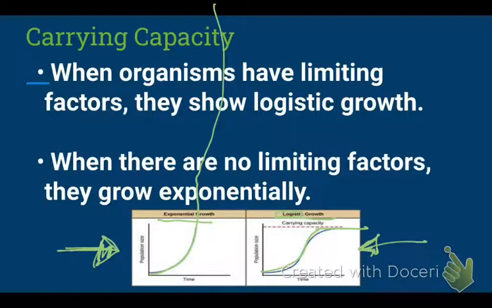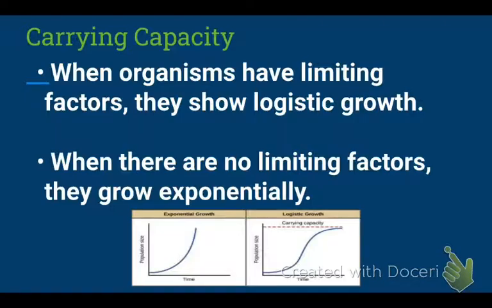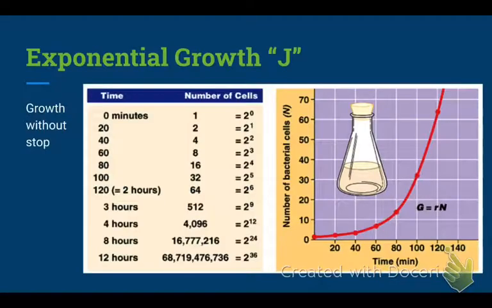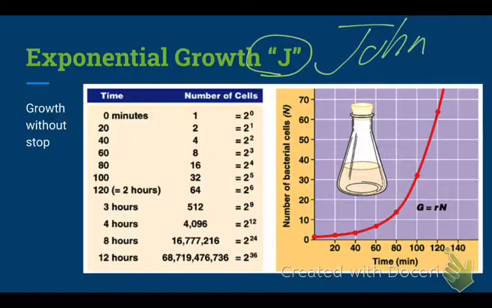So we're going to move on to the next slide, and I'm going to show you 2 nicknames that these growth curves have that you have to know. The first one is your exponential growth is also called J growth. So make sure you know that. If I was going to write out somebody's name, we'll write John, then this J looks like that exponential growth.